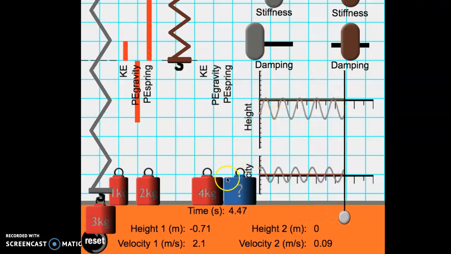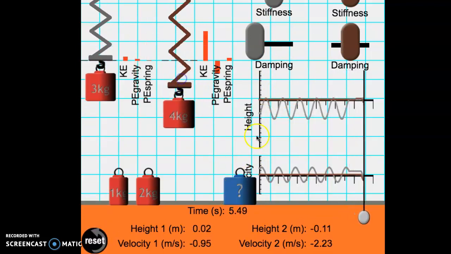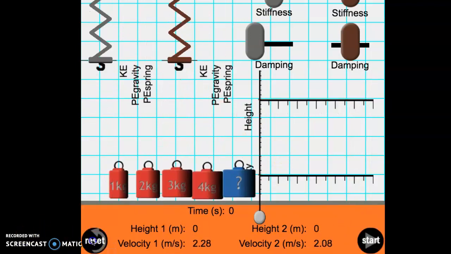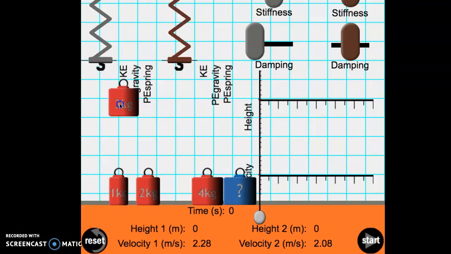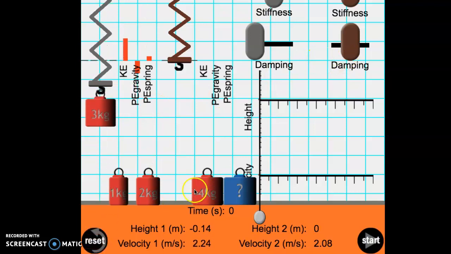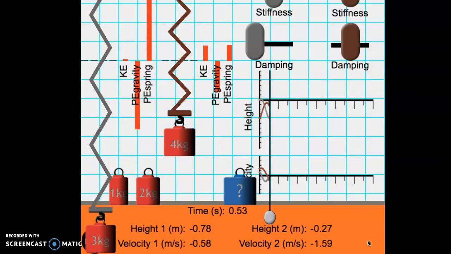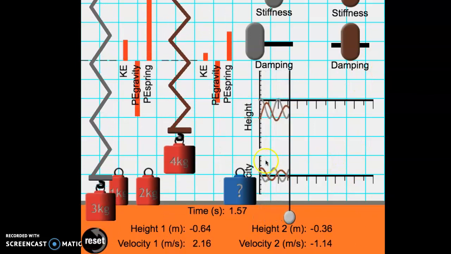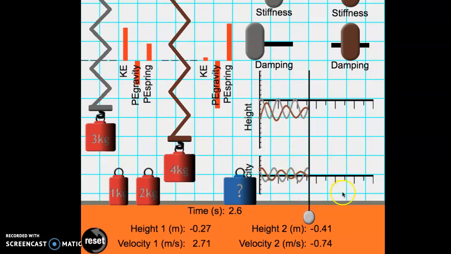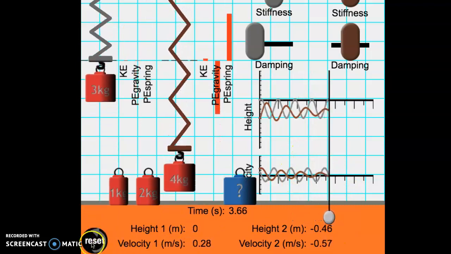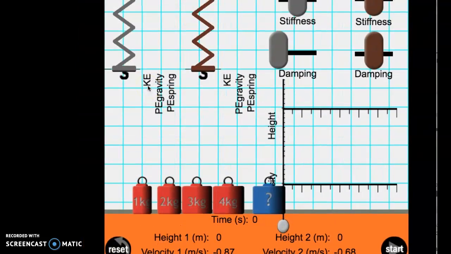The other thing you can do is have a second spring. So I'll put one on that's undamped and another on over here which is damped, and you can see the two shapes are quite different for the two springs there. So you can play around with that yourself.